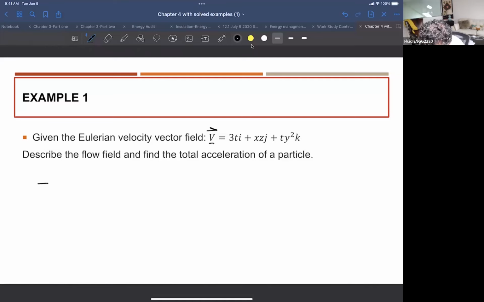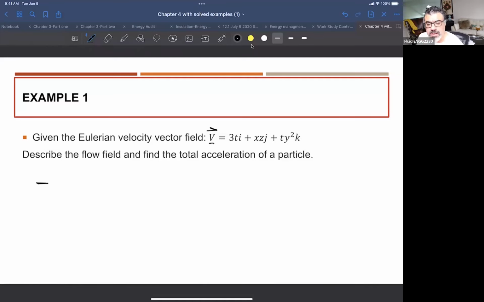First, what do you think about this vector here? Do you think this is steady or unsteady? Unsteady.